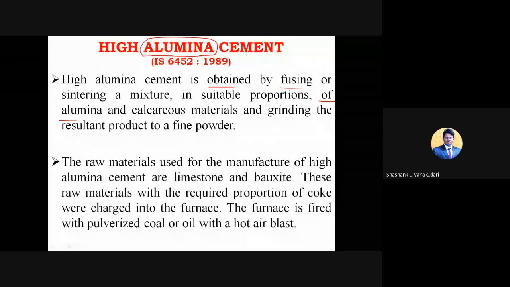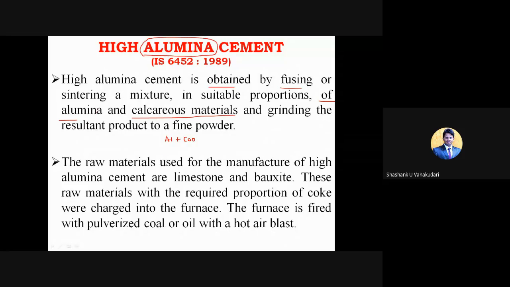Calcareous materials are nothing but the limestones. So limestone, which is rich in calcium oxide, and alumina, and then grinding the resultant product to a fine powder. Now it is limestone which reacts with this alumina and forms high alumina cement.